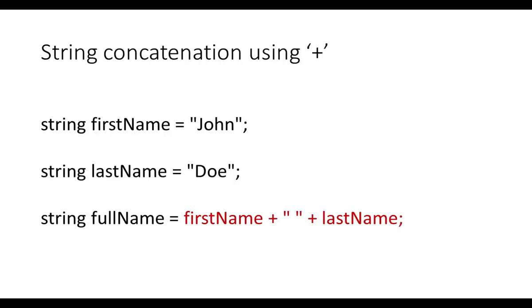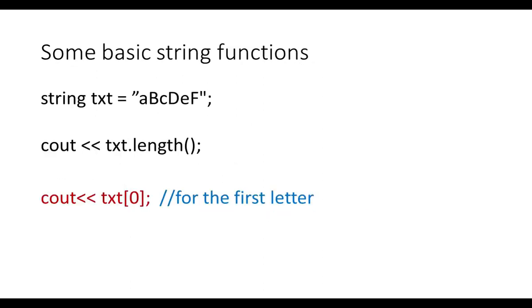Here, string concatenation means if we have declared string firstName equals John, string lastName equals Doe. What is happening here? The plus operator is already overloaded for the string class to concatenate. In character arrays, we have to use the concatenate function, but here we don't require it. The plus operator is doing our job.